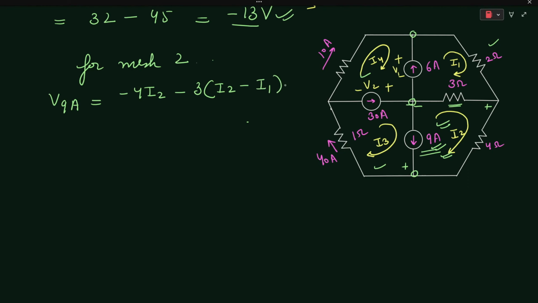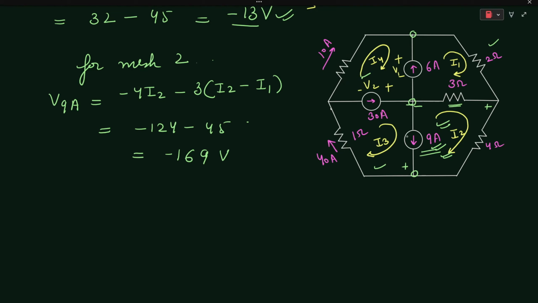On substituting the values, we get minus 124 minus 45, which is equal to minus 169 volts.